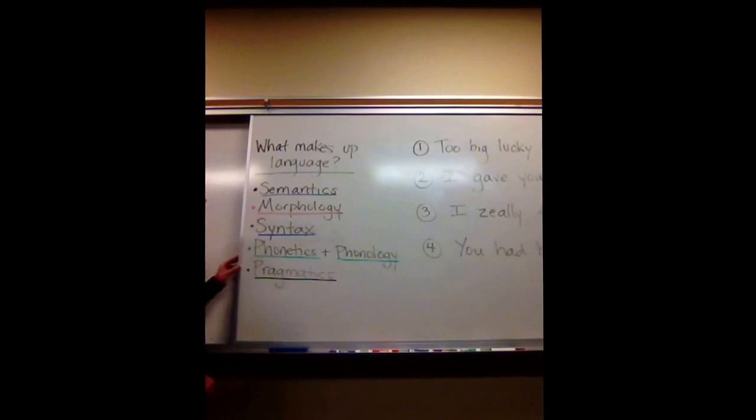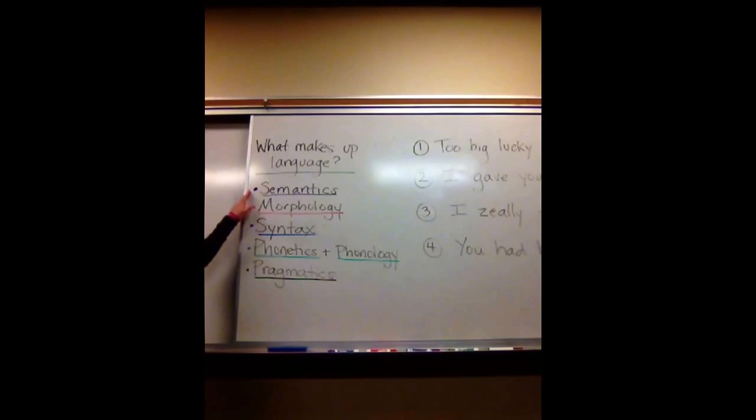So when we ask the question, what makes up a language, there are really these answers that we tend to give. There's semantics, morphology, syntax, phonetics and phonology. They're separate, and we'll talk about how they're different, and pragmatics. Okay?